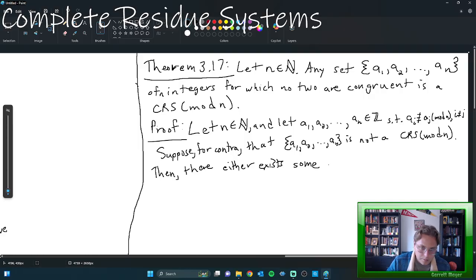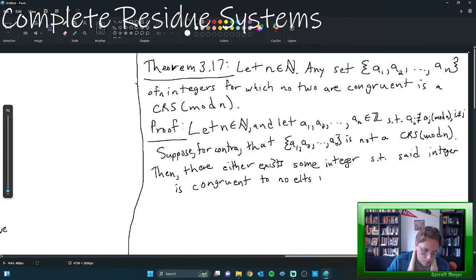There either exists some integer, and I guess both of these could hold too, such that said integer is congruent to no elements in the set or to at least two elements in the set.